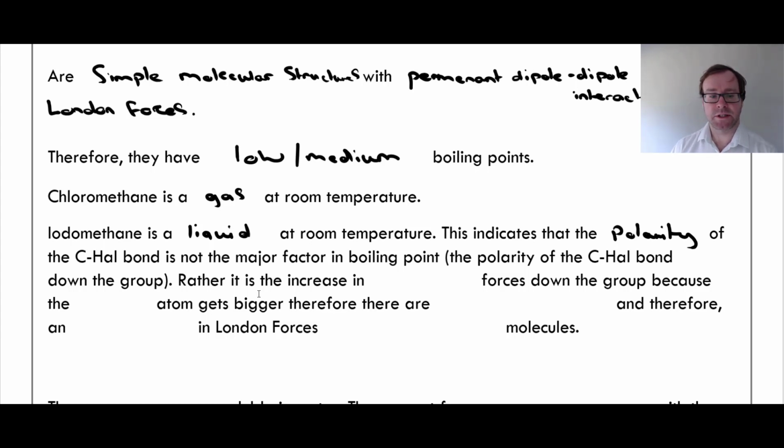The polarity of the C-Hal bond decreases down the group. Again, I'm not going to go into too much detail here; you can have a look at simple molecular structures for this.